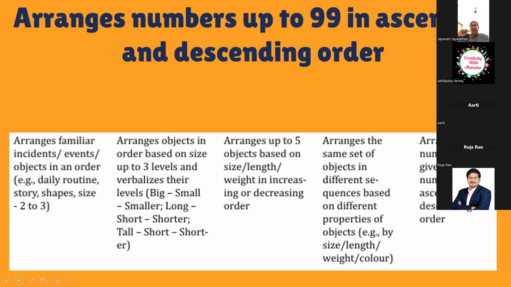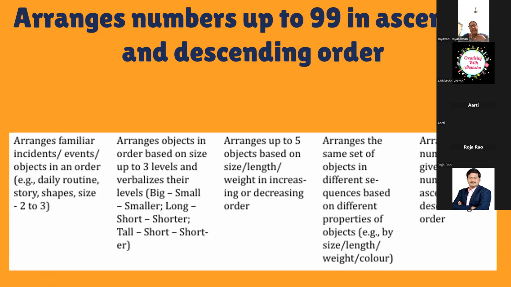They can tell that yesterday's date was this and today is this, so they can count the numbers and easily arrange the numbers from a given set. All these things come under the children learning ascending and descending order.